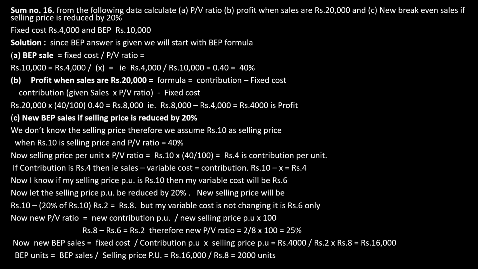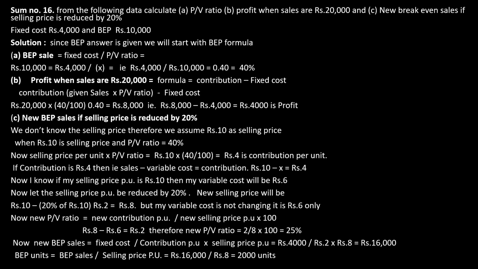My new contribution, that is 10 rupees selling. I know the formula to find contribution: selling price per unit into PV ratio. Here the sales is not given. Instead I'm assuming the selling price is 10 rupees into 40% will give me contribution per unit. I'll get a contribution per unit of 4 for the selling price per unit of 10.